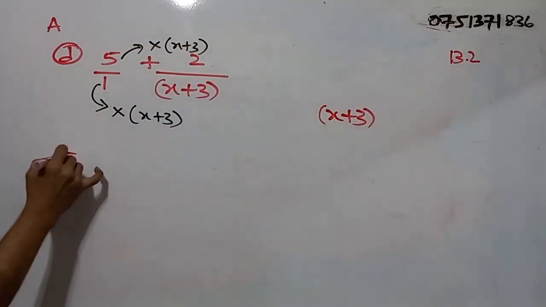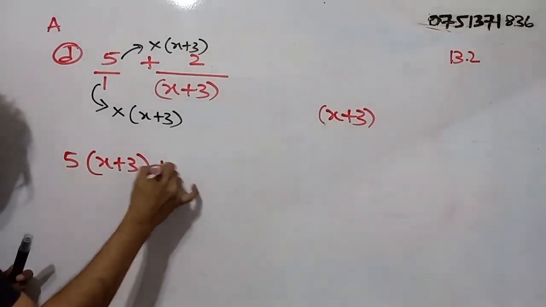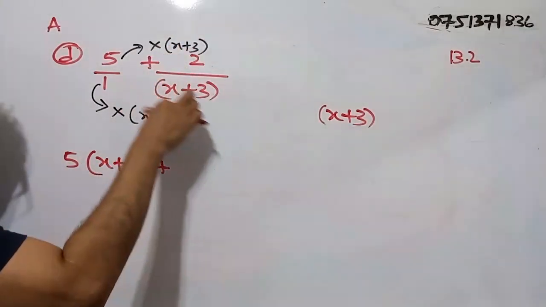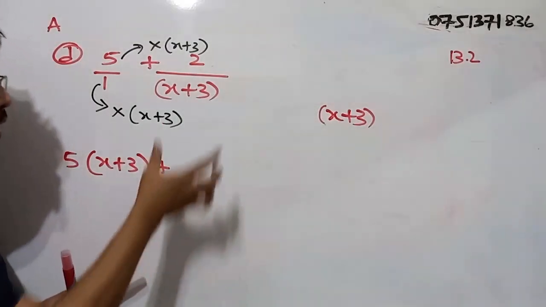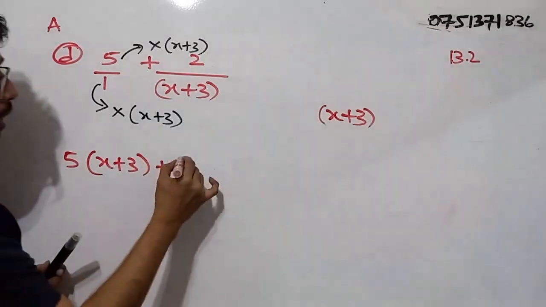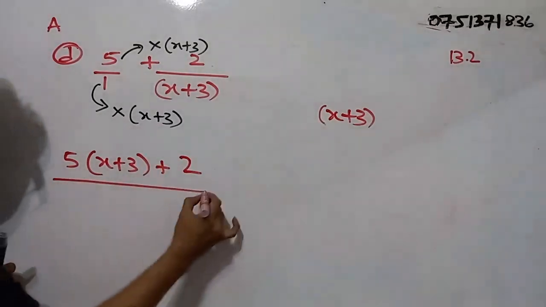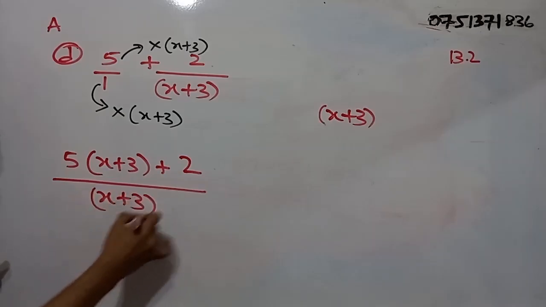Okay. So we have 5 into x plus 3 plus. So if we take the next algebraic fraction, do we have to do any more changes? No. The denominator is already x plus 3. So we can write the number 2 as it is. Then the entire expression needs to be divided by x plus 3.